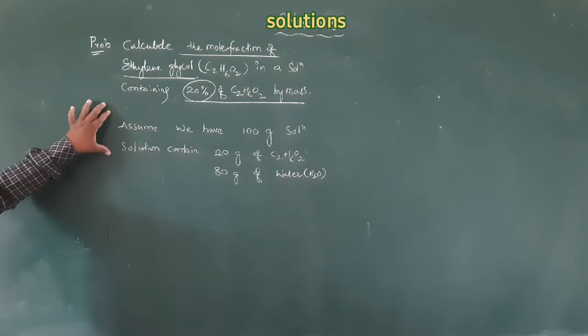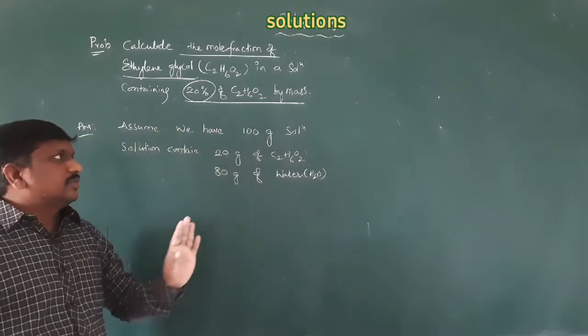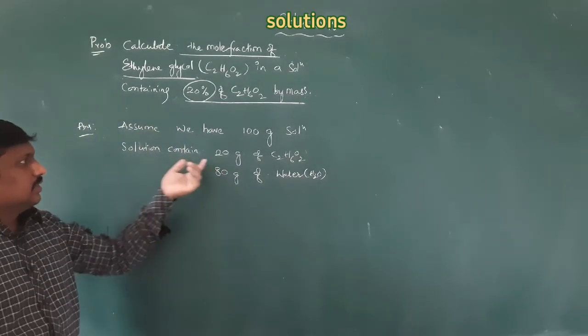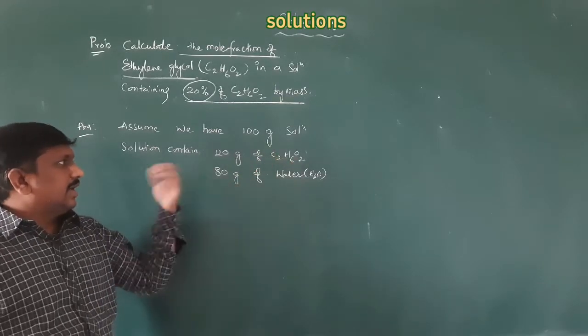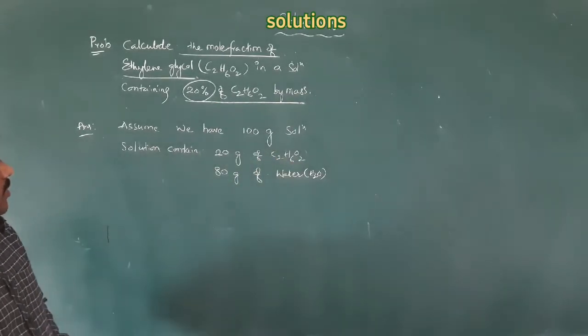So we assume that we have 100 grams of solution which contains 20 grams of ethylene glycol and 80 grams of water. Now what do we have to do?